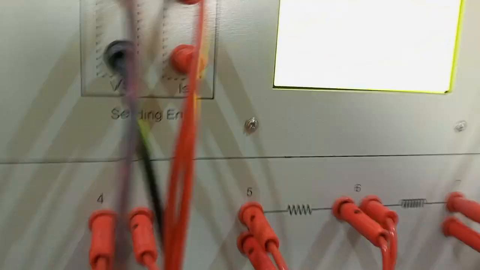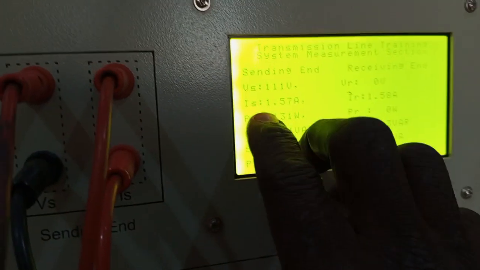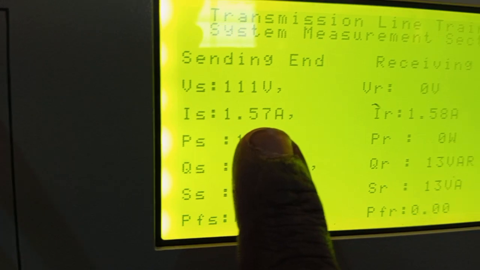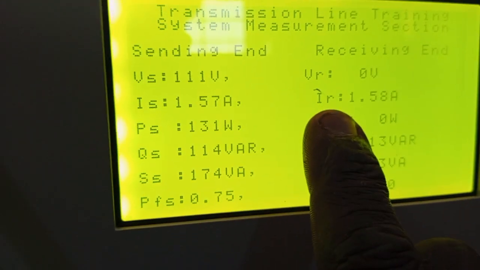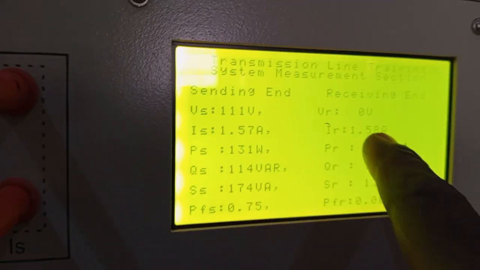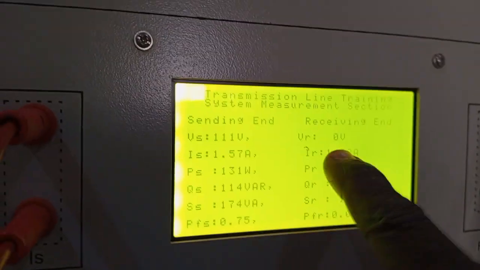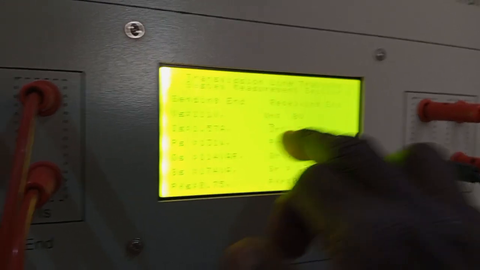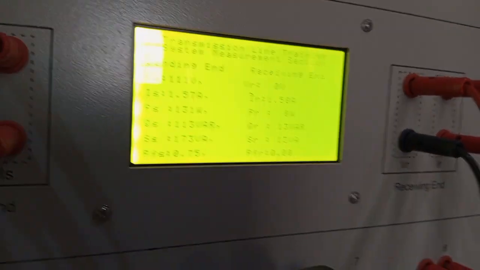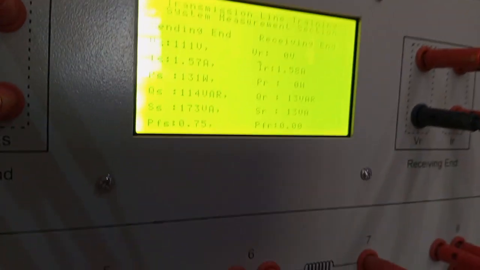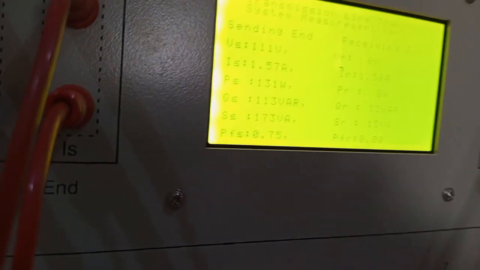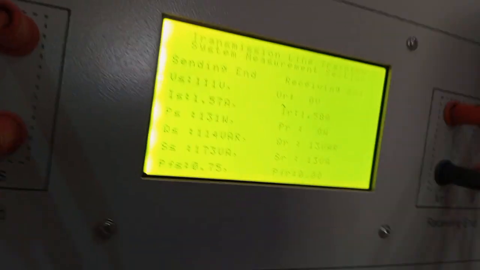At the supply current, the current is 1.157 amp, while at the receiving end it is the same thing. So current has gone to maximum here at the receiving end, but at the open circuit, what was the current when it was open? When it was open circuit, the current is 0. But now it's receiving current at maximum.